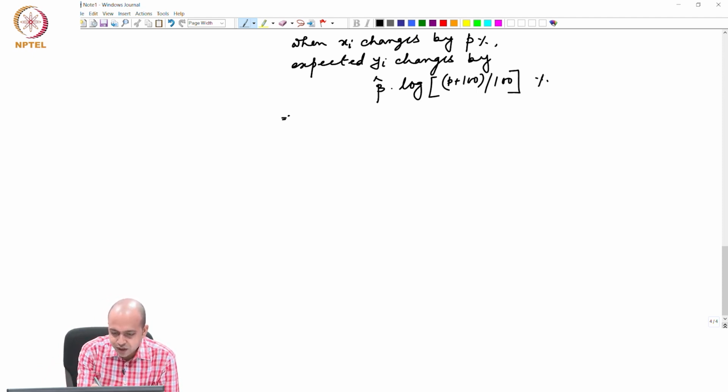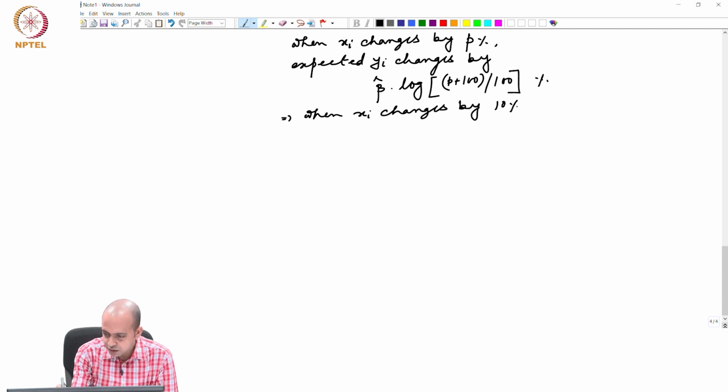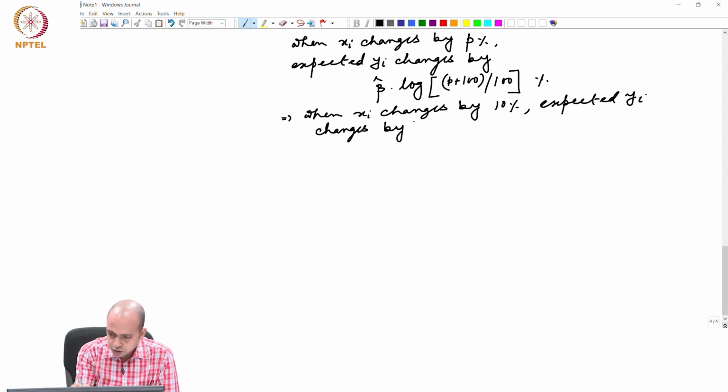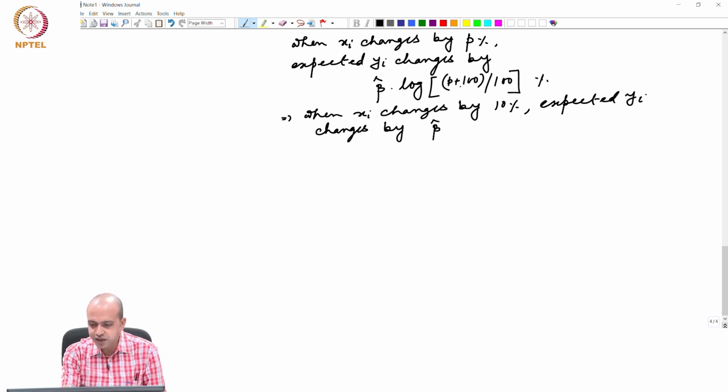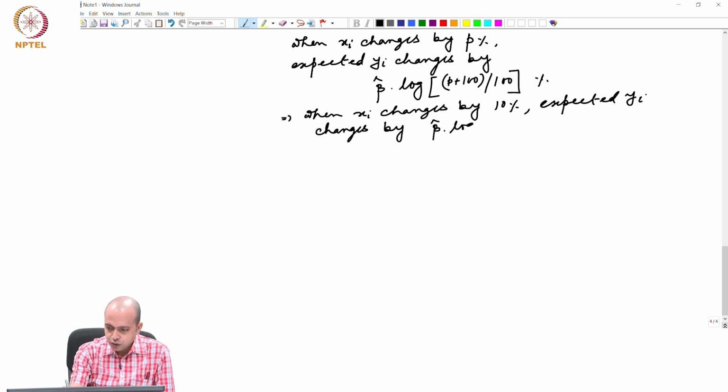This implies when x changes by 10%, expected yi changes by beta hat into, if you put a 10 here, 110 by 100, that means log of 1.1.